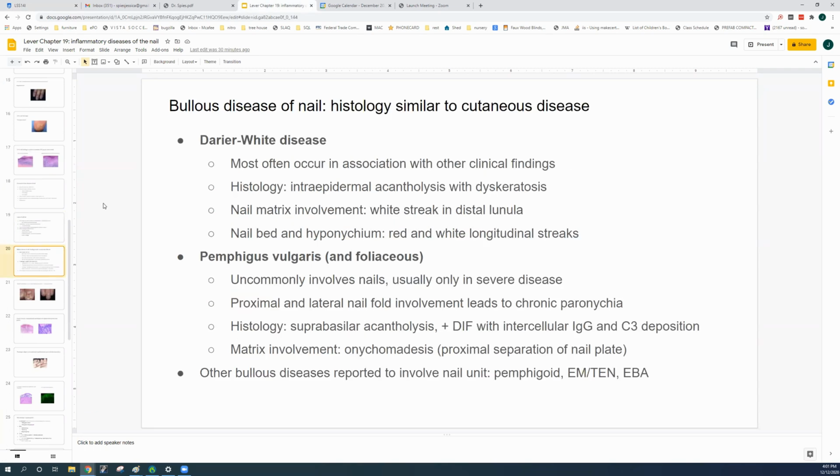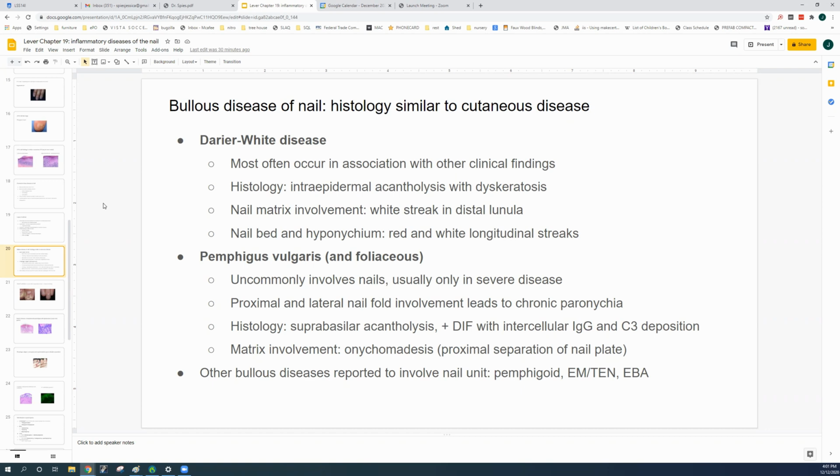Lever also delves a little bit into bullous diseases of the nail. And the histology is similar to that in cutaneous disease if you biopsy nails in these diseases. And Lever mentions Darier-White or Darier's disease. Nail involvement most often occurs in association with other clinical findings.